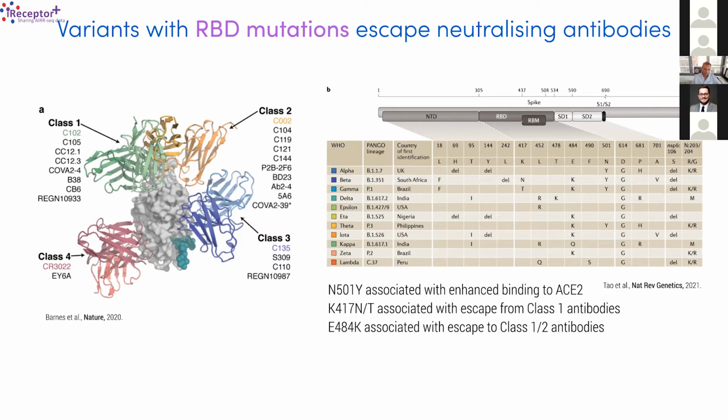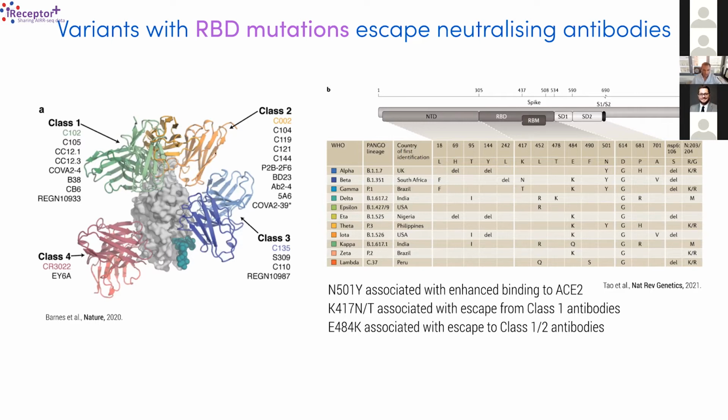The RBD now is pictured in gray. And so class 1 antibodies, in which one of the therapeutic antibodies from Regeneron is here, CB6 is another name for one of the Eli Lilly antibodies, I believe it's LY-CoV16. And you can see they form class 1 antibodies, which are characteristically represented by this green structure.